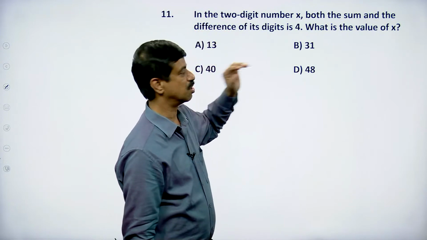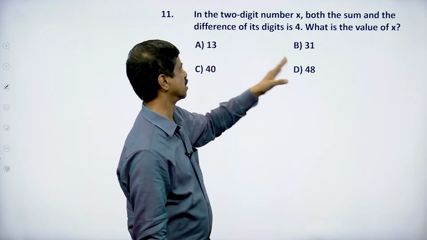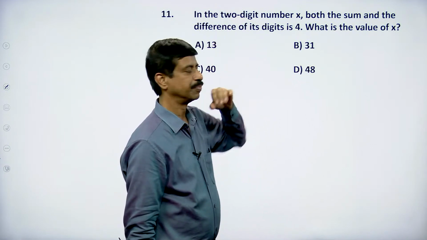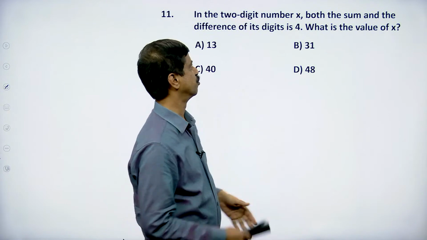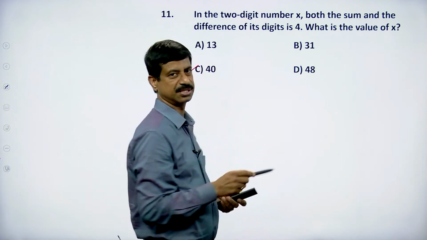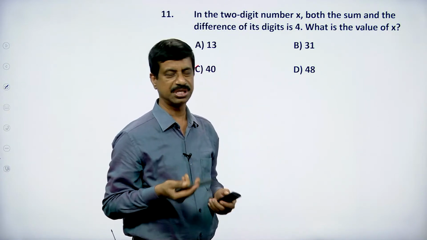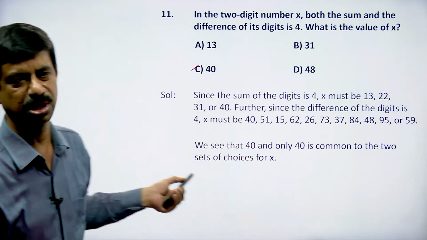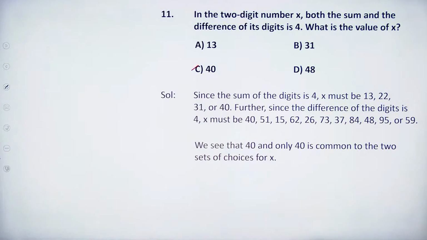But 1 minus 3 is not 4. This cannot happen. 4 plus 8 is not 4, it is 12. He says it is 4. Therefore, option is very clear, it is C. But when sum and difference are the same, automatically the second digit should be 0, children. So this is very, very important. Please note it. No need of working so much. Directly you can write.